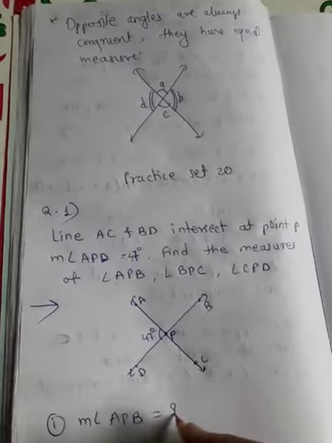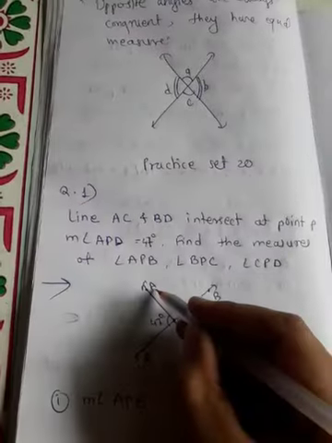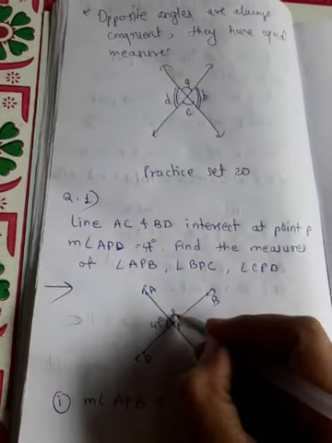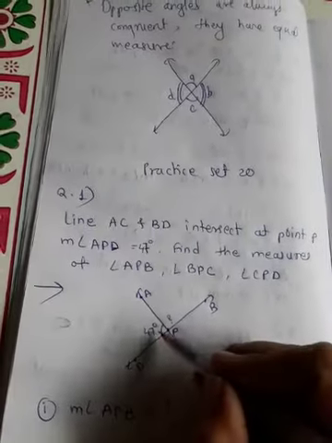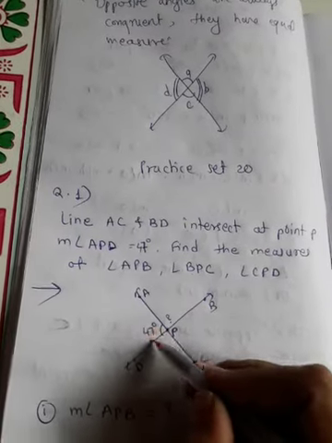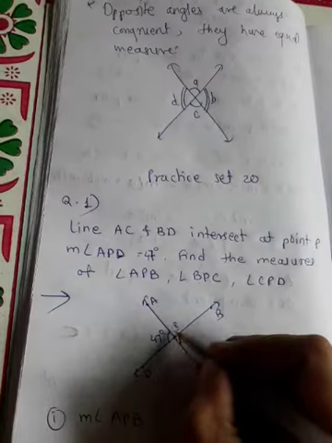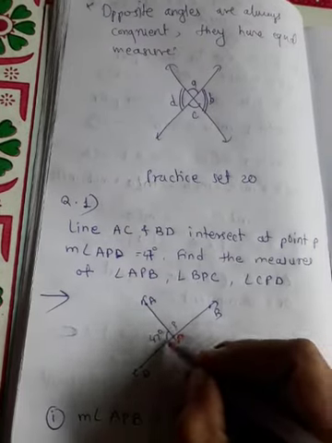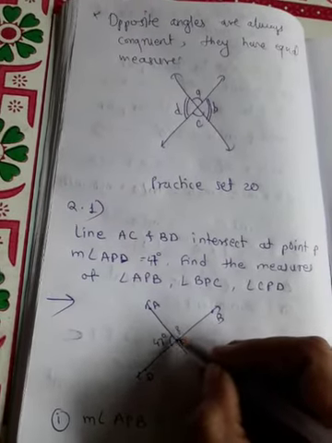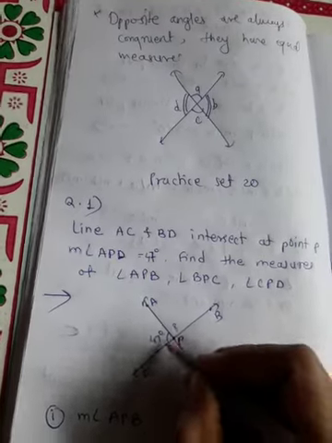Now first we find the measure of angle APB. See here this is APB, and we have to find this angle. We have only the measure of this angle. By the diagram we can say that these two angles are in linear pair. Means the sum of their measures is 180.